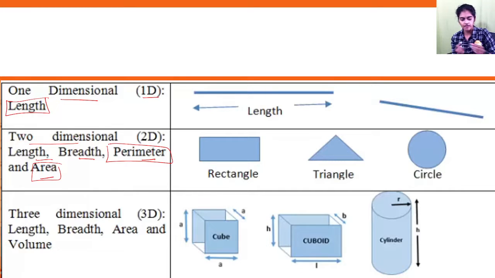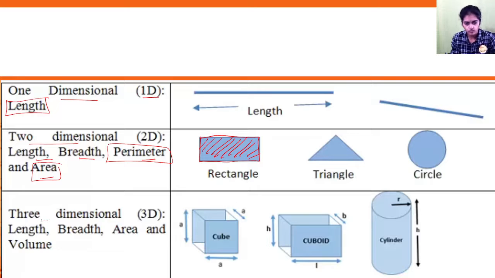If I have to calculate the perimeter of any particular 2D shape, it will be only the length of the boundary. Only this length I will be calculating for perimeter. If I want to calculate the area, then it will be the inside part also, the total space which it is occupying.